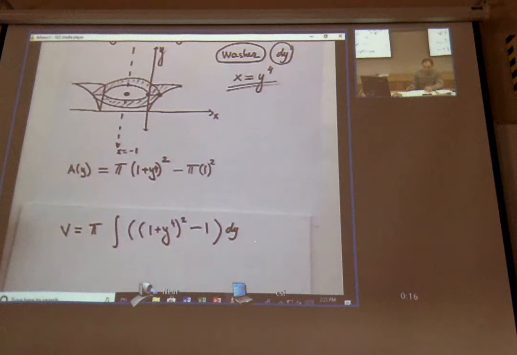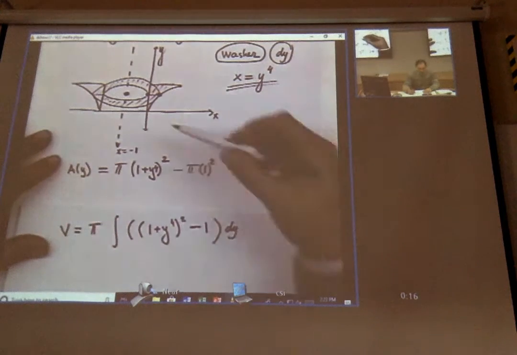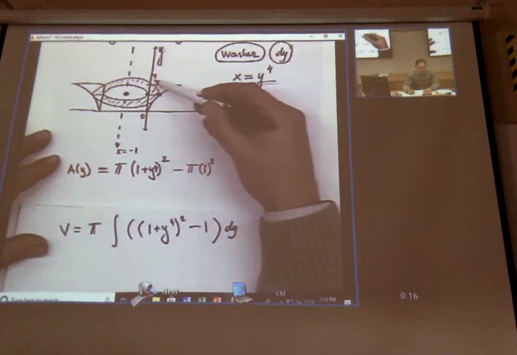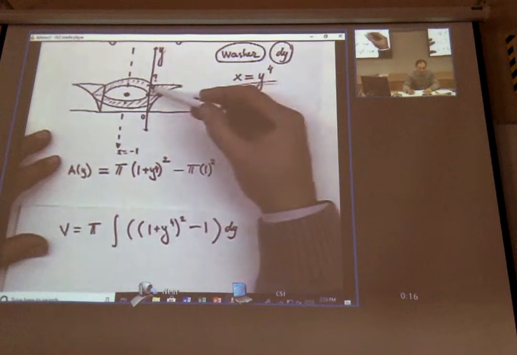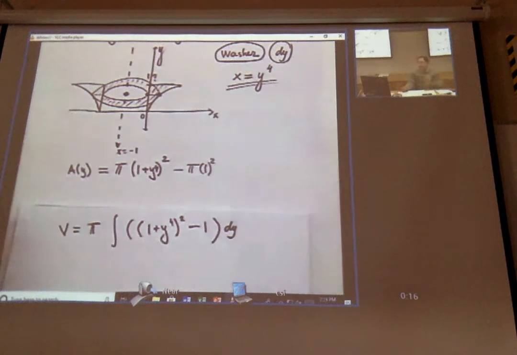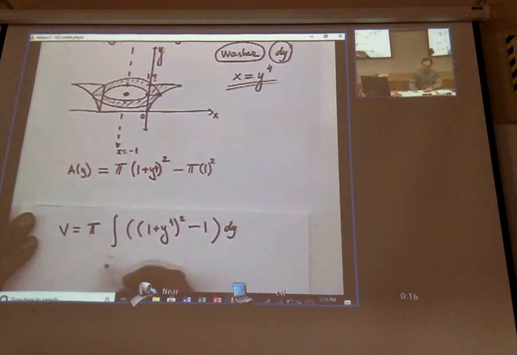Would it be 0 to 1? No, again, not because we like it, right? But since this is dy, the question right here, this one is 0, right? And what is over here? This will be 1. Okay, so from 0 to 1, again, this is dy, we're looking at the y-axis.